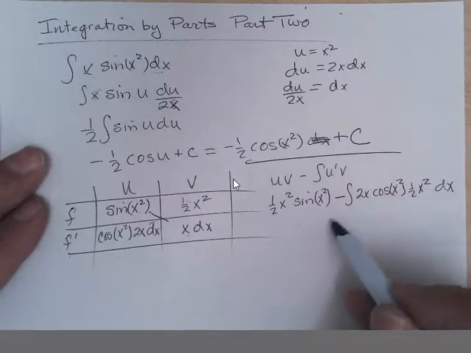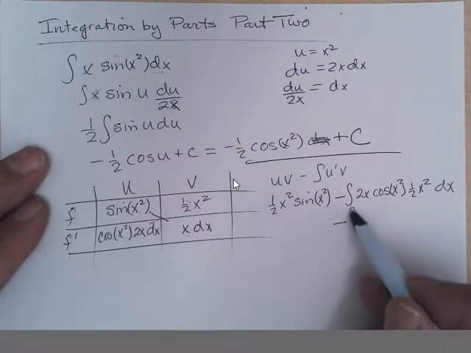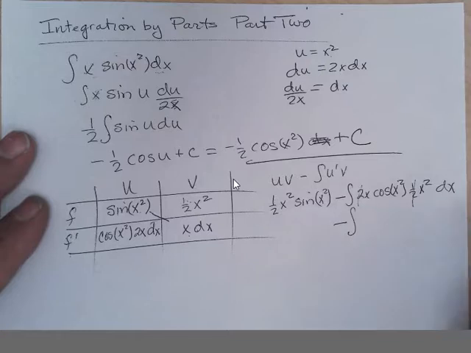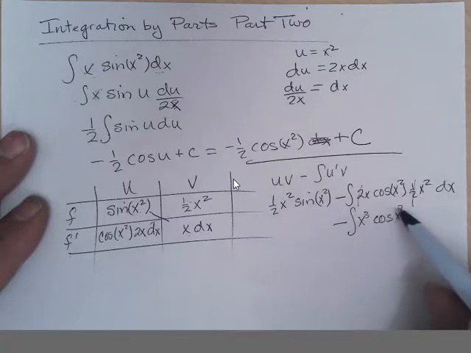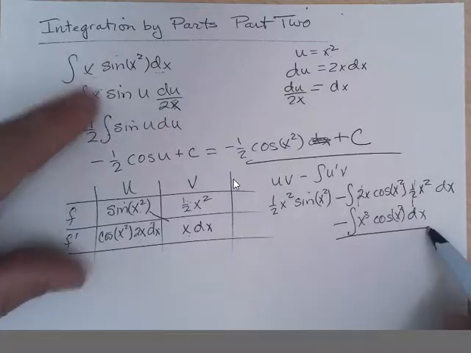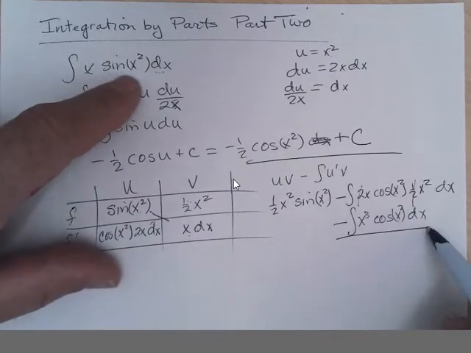This stays, but we have minus. Cleaning this up, the 2 and the half cancel. That's nice. But we got x squared times x, x to the third cosine x squared. And this is getting worse, not better than what we started.